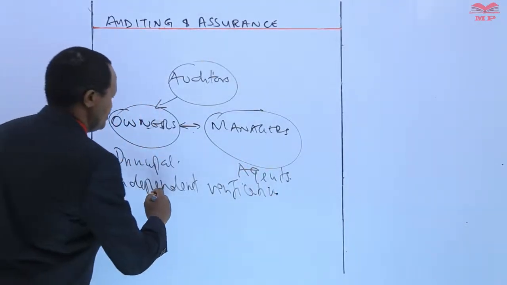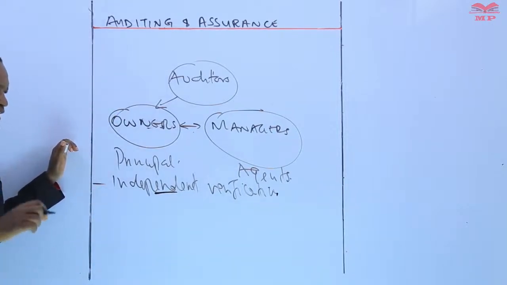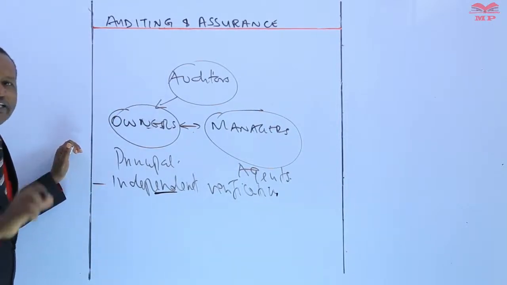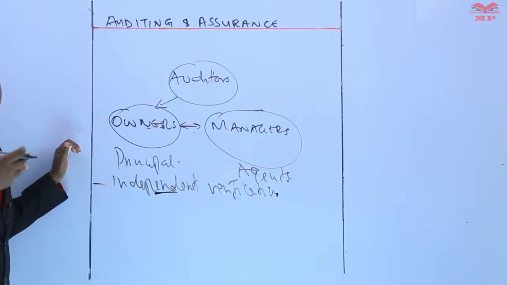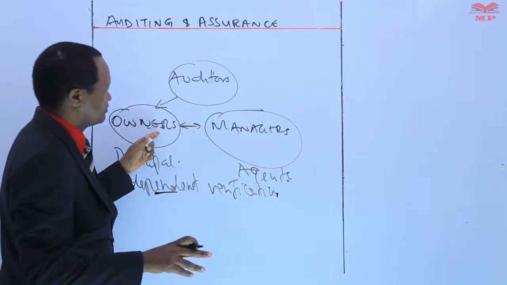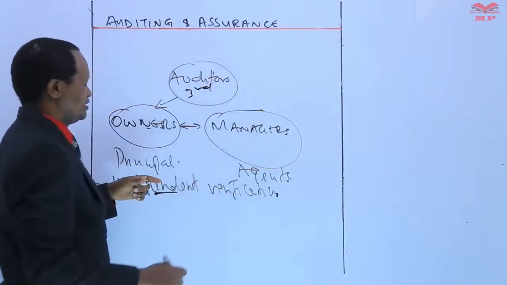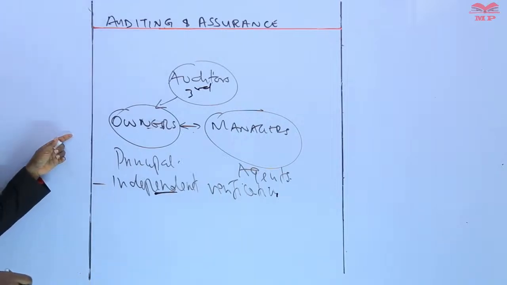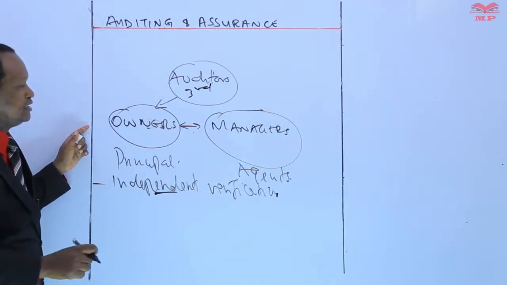Independent is a key word. Auditors act as independent third parties, because this is the first party, second party. Auditors are the third party. In this game, the auditor is an independent third party.